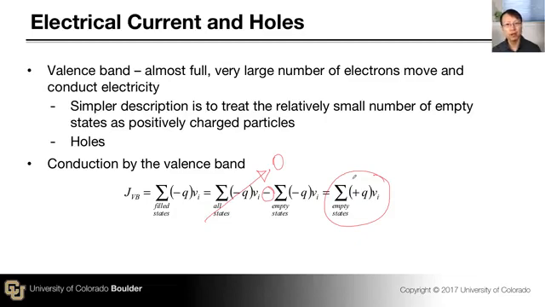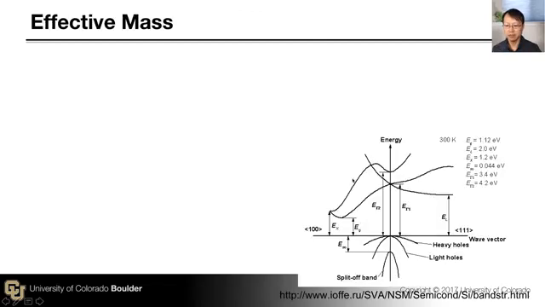So we call this fictitious positive charge carrier a hole, and typically we describe the conductivity arising from the valence band electrons as a movement of these fictitious positively charged carriers called holes. So in a semiconductor, there are two types of electrical current, one arising from electrons in the conduction band and another arising from holes in the valence band.